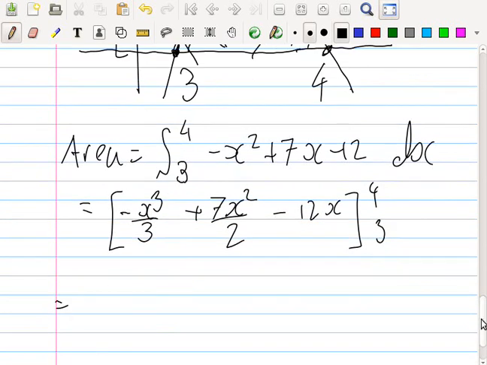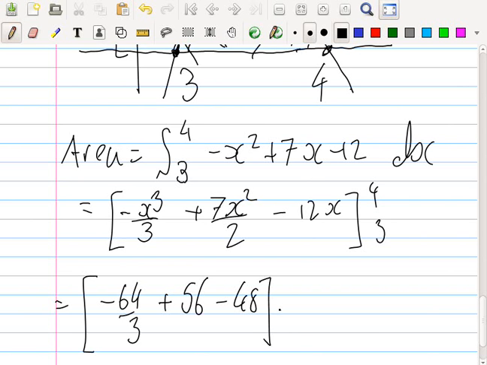So we'll put in the 4 first. 16 times 64 over 3. 16, 8, 56, minus 48. Minus 9. Are you breaking my train of thought? Which one? Here? No. Here? Yeah, dx.